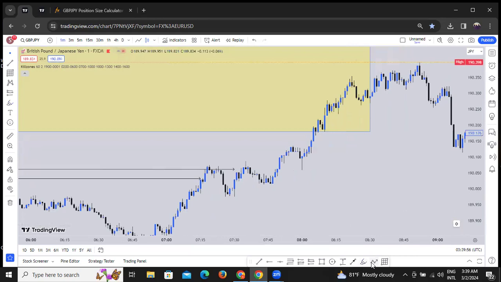So right here, as you can see, we have this higher high, higher low, higher high, higher low, higher high, higher low, higher high, higher low. Okay, keep rallying up.